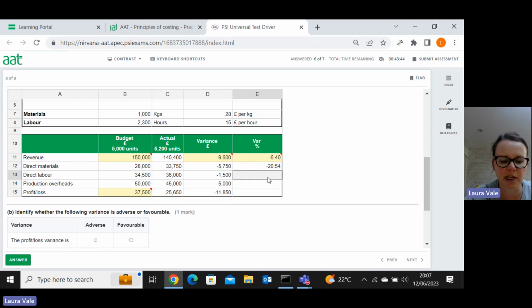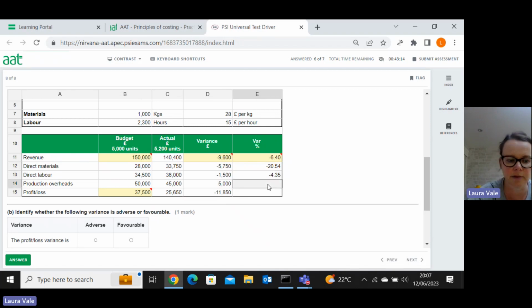Right, next one, 1,500 divide by 34,500 times 100. Again, I've got a minus sign, so put that back in. Now I've got 0.3478 blah blah blah in my calculator. So 2 decimal places: 0.347, the 7 pushes it up and it becomes 4.35.